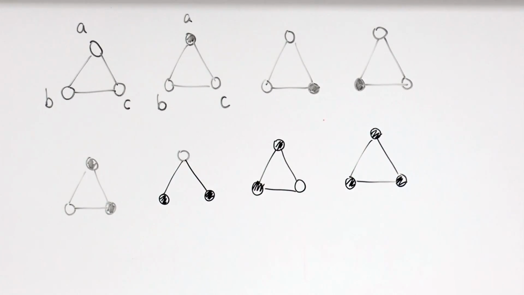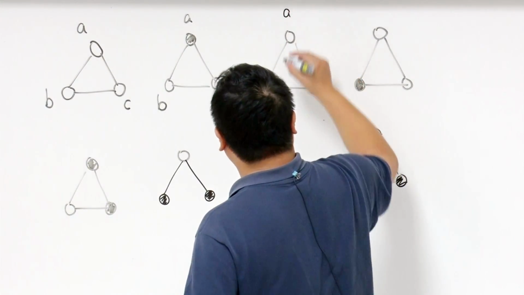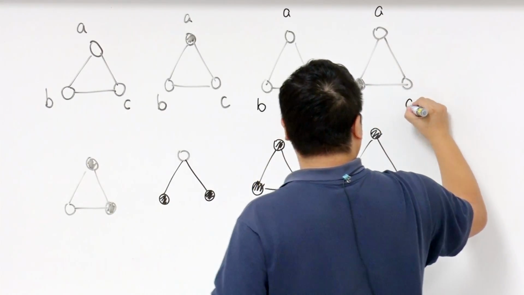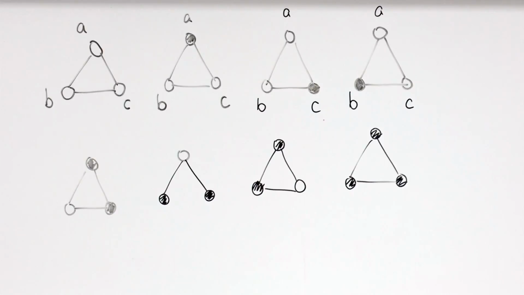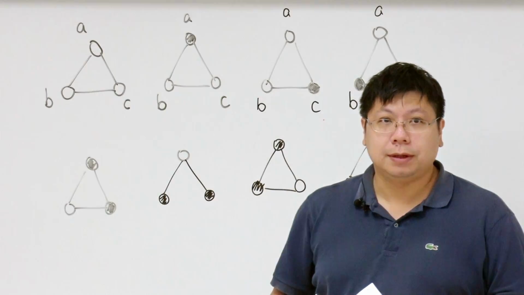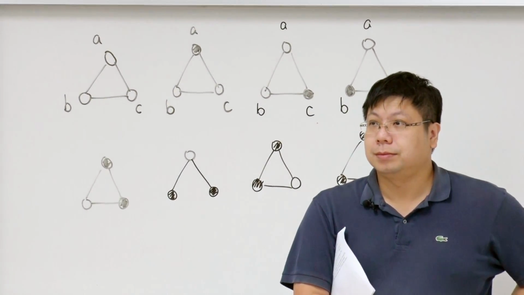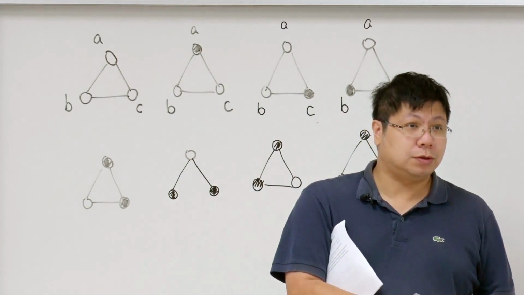Now, this is all ABC. Let's say we say that two configurations are the same if one can be obtained from the other by doing some rotation. In that case, how many distinct configurations do we have?